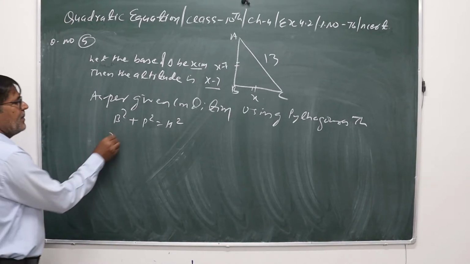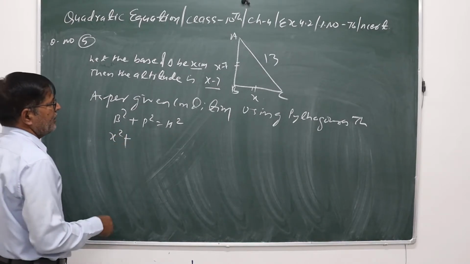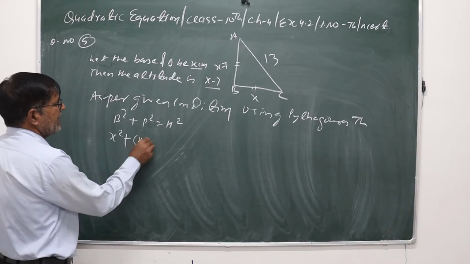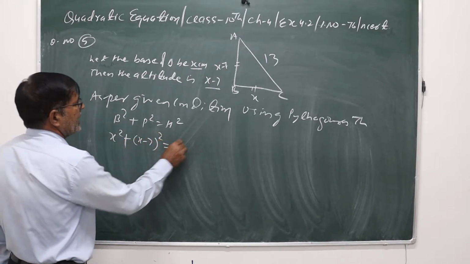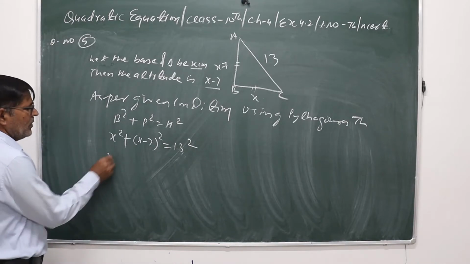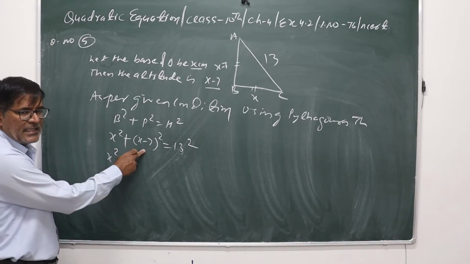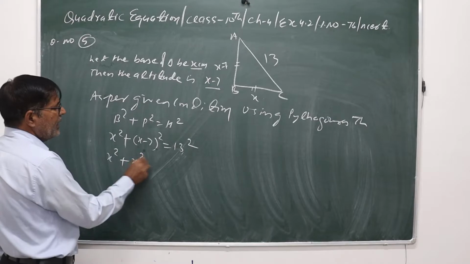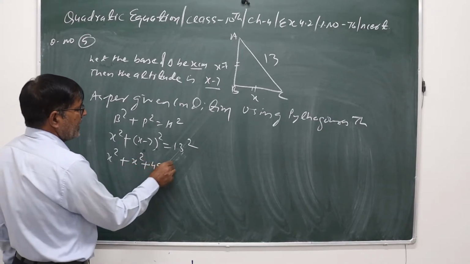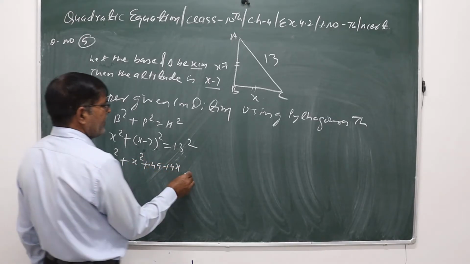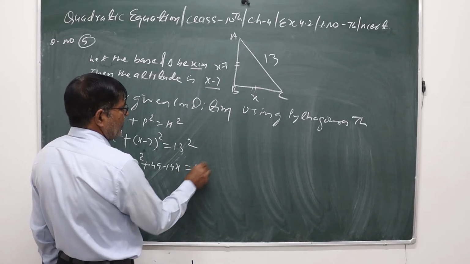Base we took as x, so x square plus perpendicular, which will be x minus 7 whole square, is equal to 13 square. So x square plus (x minus 7) whole square, using (a minus b) whole square, gives x square plus 49 minus 14x is equal to 169.